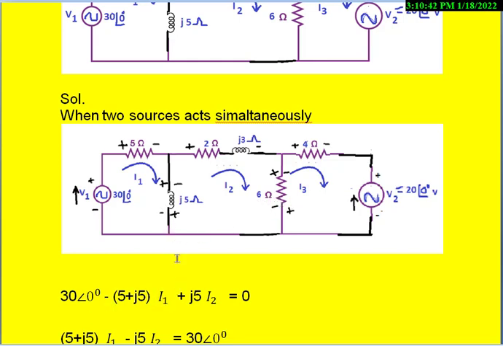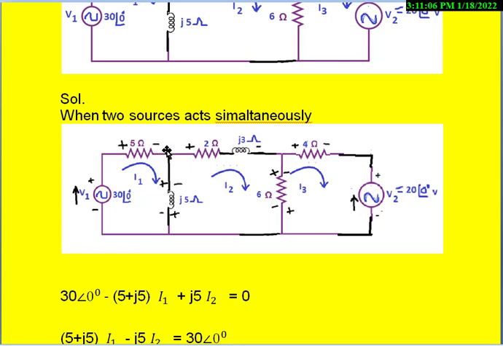now we can write the KVL equation. Let us take the first loop. To write the voltage equation, we assume a voltage rise when going from negative to positive in the assumed current direction, whereas a voltage drop means we get first plus, next negative in the assumed current direction.